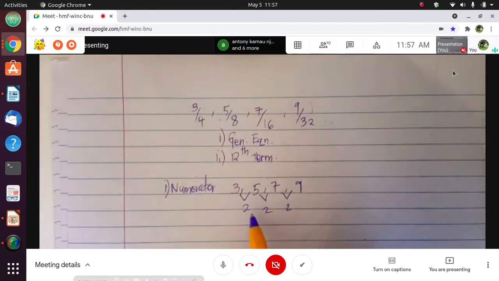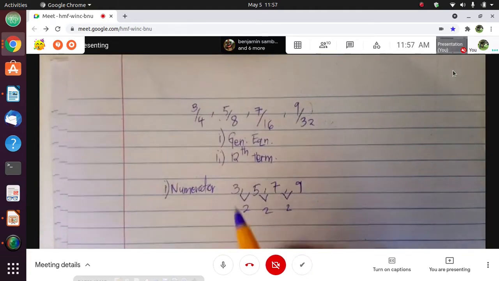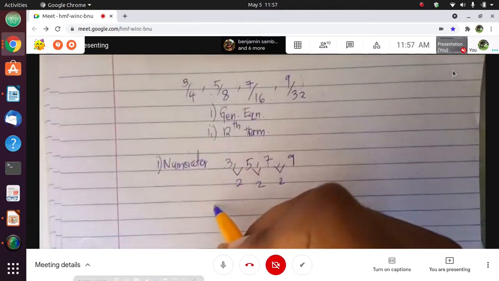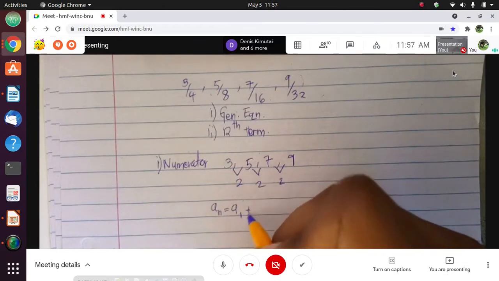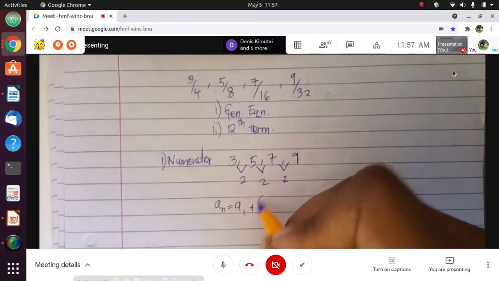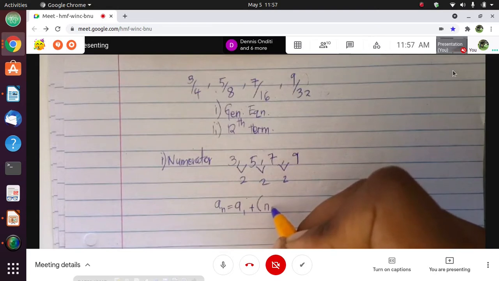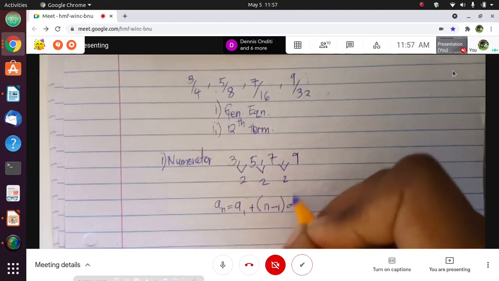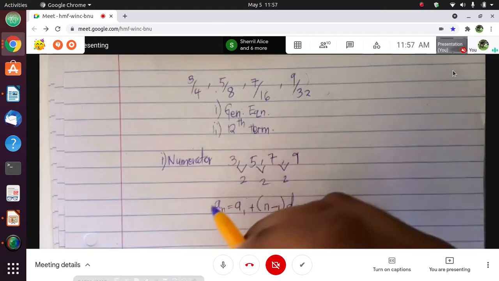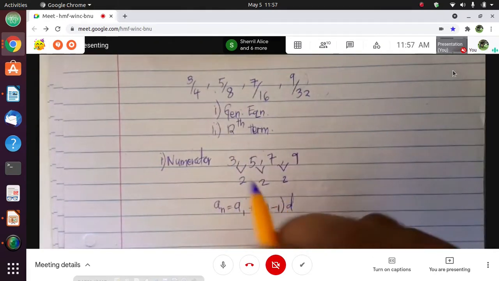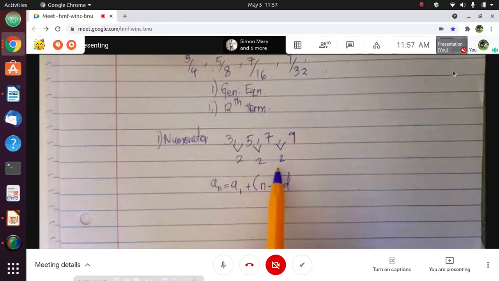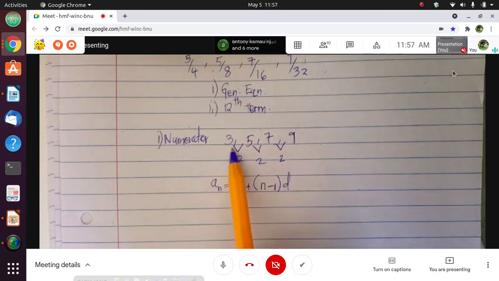Now, how do we write the general equation of an arithmetic sequence? The general equation of an arithmetic sequence is an is equal to a1 plus n minus 1 d. In this case, the common difference for this specific sequence is 2, and the first term is 3.